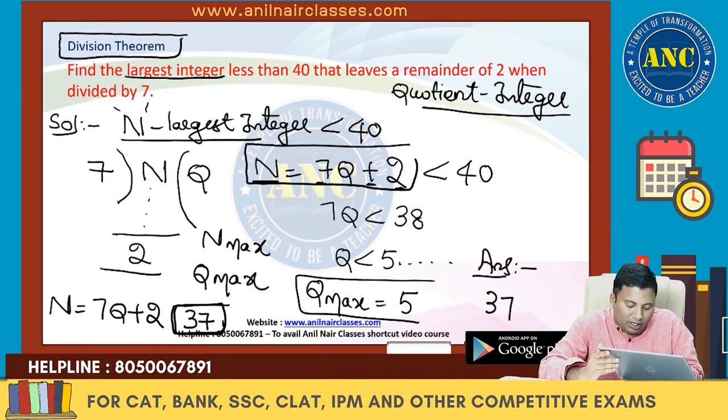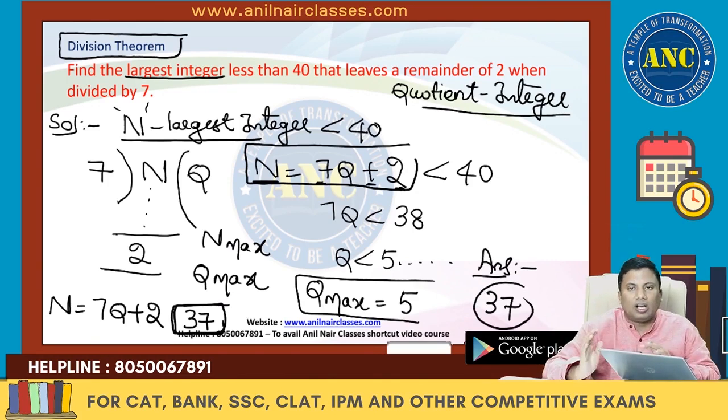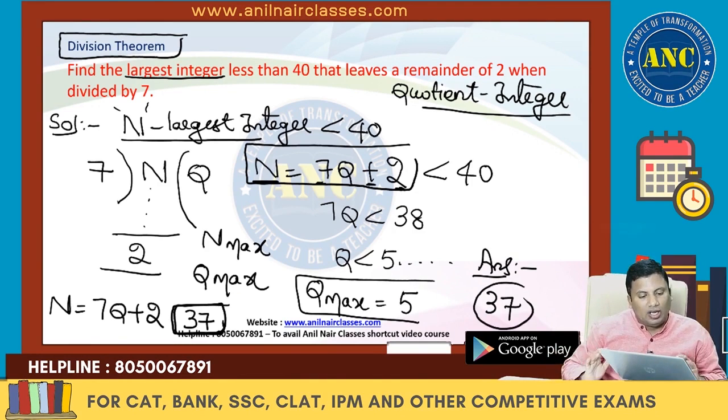What is important to me is not the answer to this question, but the various applications of the division theorem. Second time I am explaining. There is a number n which is divided by 7. I don't know the quotient, but I know the remainder as 2. So dividend equals divisor into quotient plus remainder: 7q plus 2.